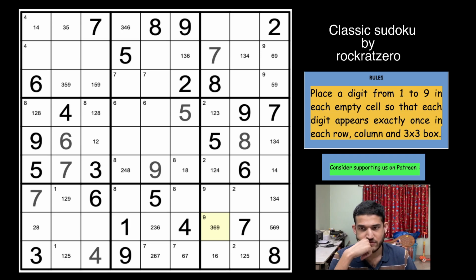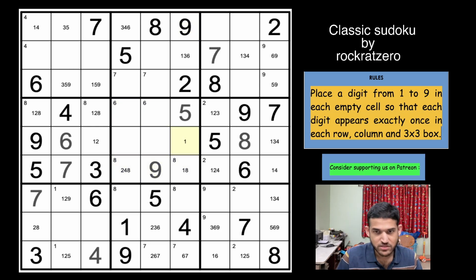Nothing much. And looking at this cell, cannot be 2, 5, 4, 9, 6 or 8. So this is 1, 3 and 7. So slowly I'm populating the grid. I'm suspecting very soon almost the entire grid is going to be populated.